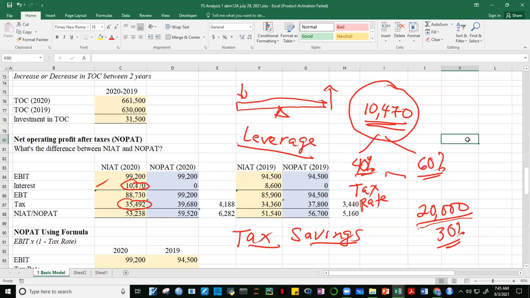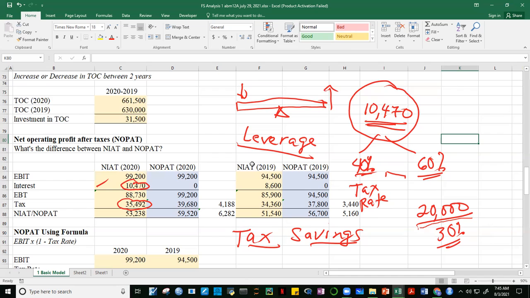Since it lowers the taxable income, it will lower the tax. So that's where the concept of tax savings comes into play, because gumamit tayo ng utang para i-leverage, no? I-leverage yung project at saka i-leverage yung profit kasi bumababa yung taxable income, and thus bababa yung tax because there is tax savings, no?